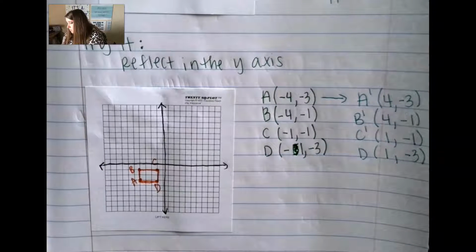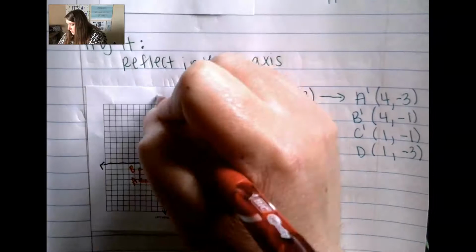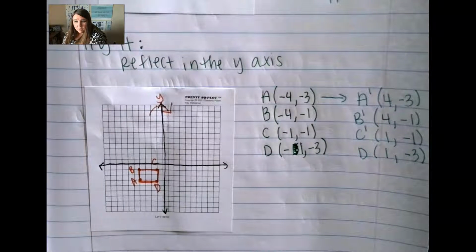And my job is to reflect this rectangle over the y-axis. So here's my y. We're going to flip it over that. My points are just opposite. So I'm going to be at 4, -3.